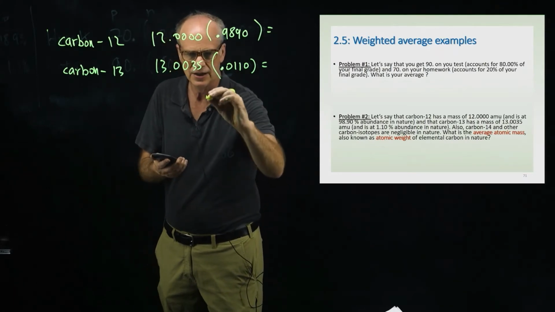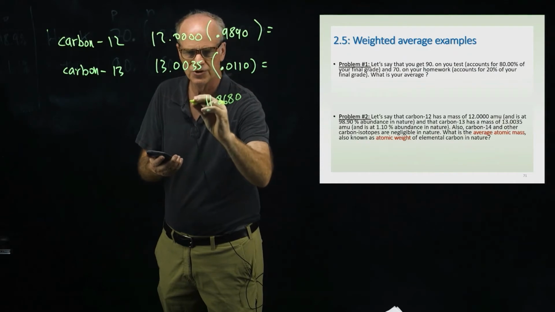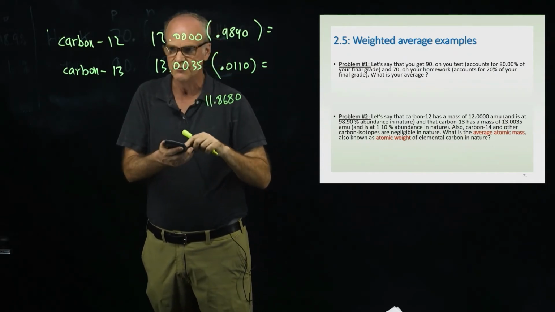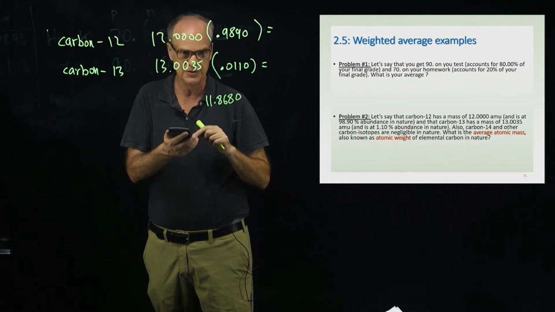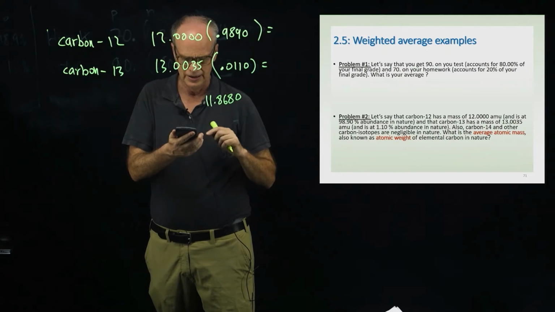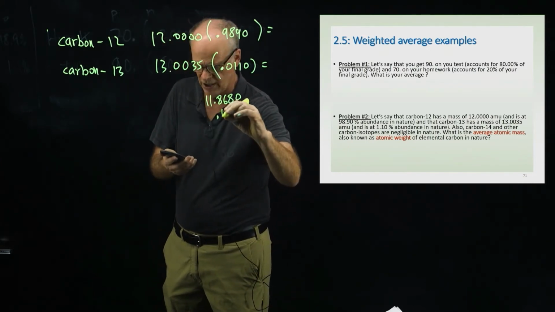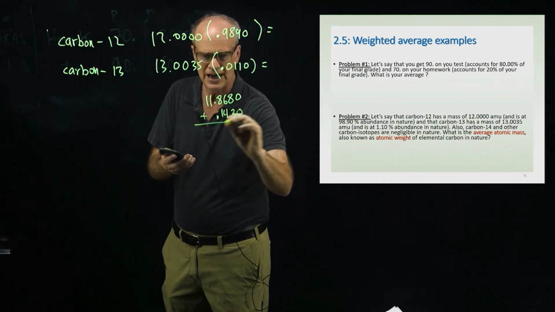And I get 11.8680 for carbon 12 as the first number. And then for carbon 13, it's 13.0035 times 0.0110. And I get 0.1430.